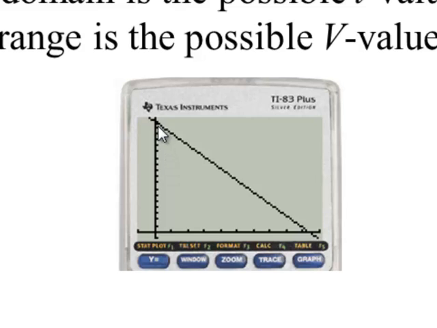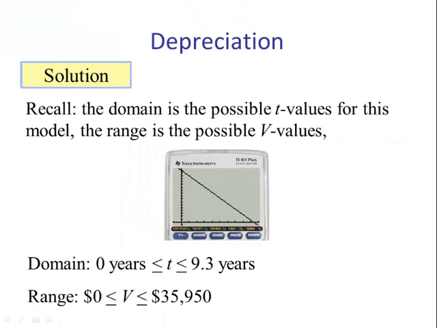Then our range is the y values, what the car is worth, and the smallest that can be is 0, and that's going to go up to the y-intercept, which is 35,950. So this is one way of writing our domain, and this is our corresponding range.